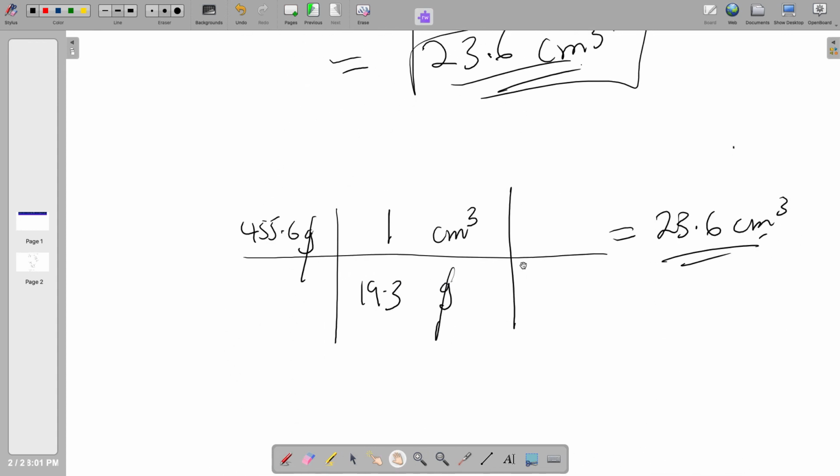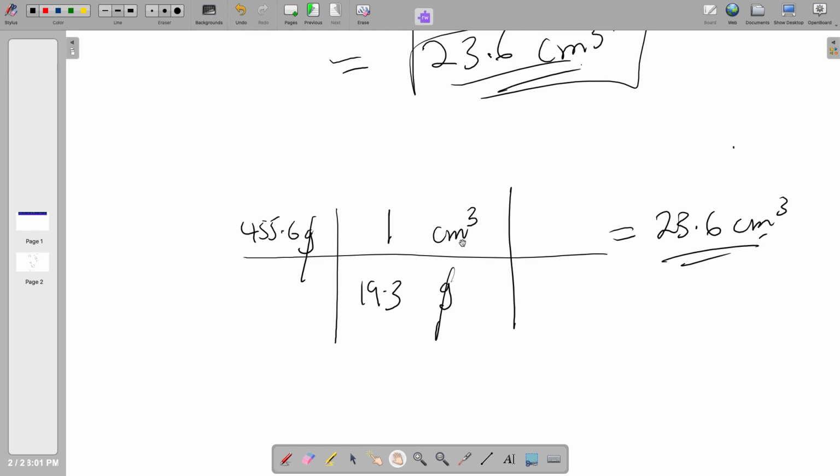So what I was saying is that one way of solving such problems is to always remember that your density is a conversion factor. So you can always set up a table like this. Start off with the one that is known with one unit attached to the number, which is grams, and then you set up your density ratio using the right form to help you calculate what you want.